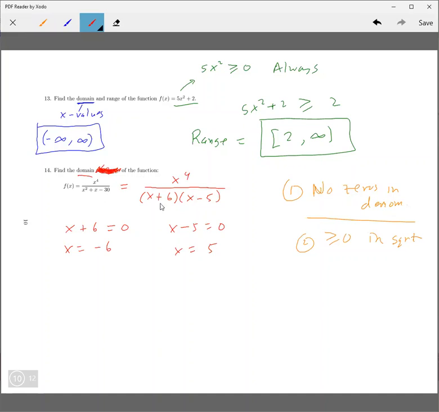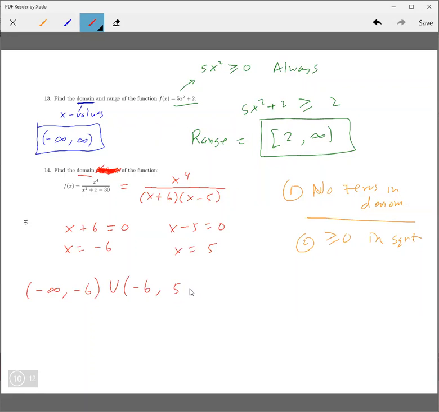Since there's no square roots, everything else is fine. The numerator doesn't really matter. Any value of x can go in the numerator. The only problem is if you plug in a -6 or a 5, you have to exclude those two values. So the way to exclude those is to do this. That excludes the -6, because the open parentheses means that this interval does not include -6.